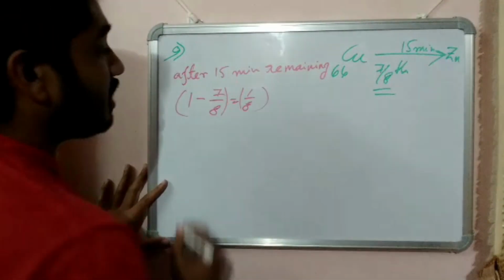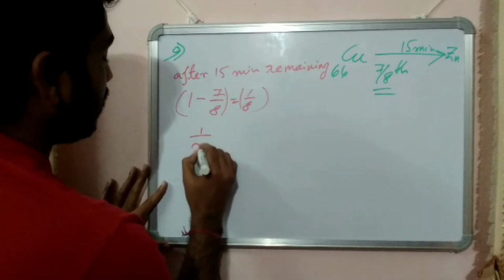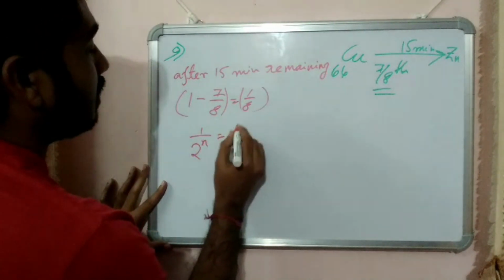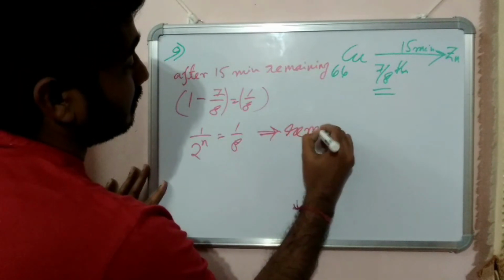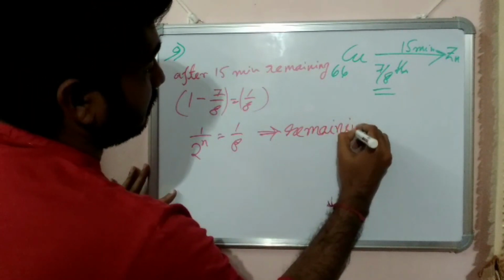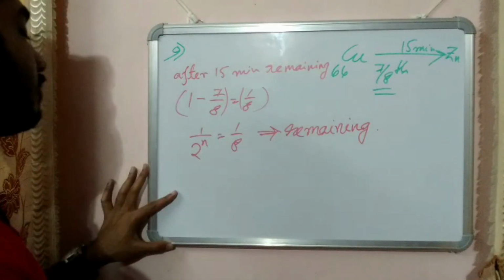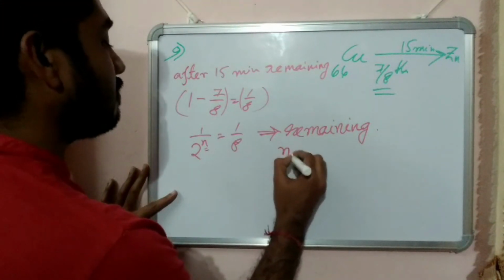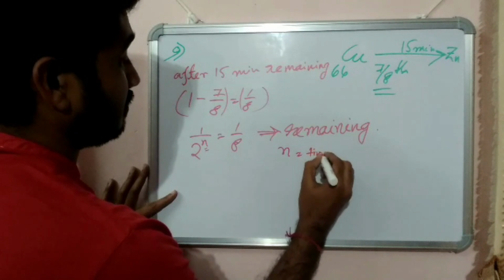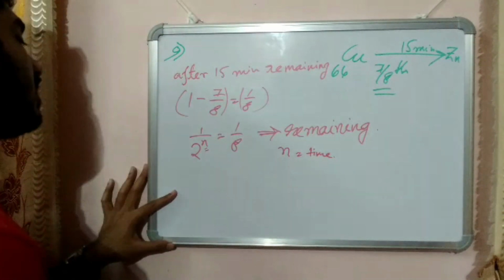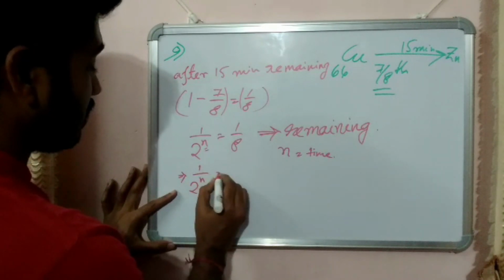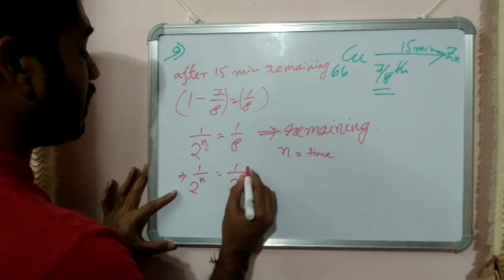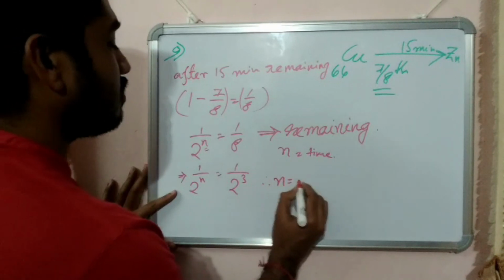And then for the remaining part the formula is (1/2) to the power n equals the remaining part, where n is the number of half-lives. So (1/2) to the power n is equal to 1/8, which is 2 cube. So n is equal to 3.